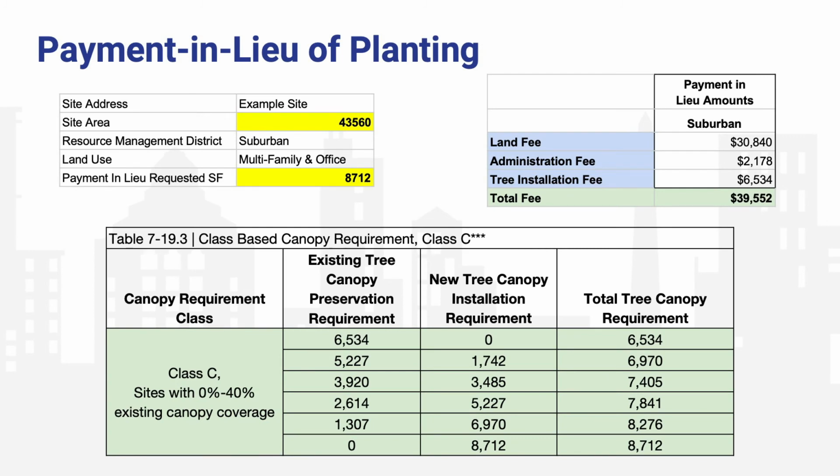Here's an example, and this is using the numbers from our example site that we just looked at. Again, this is a 1 acre site, and you can see down below in the table the requirements for tree canopy preservation.